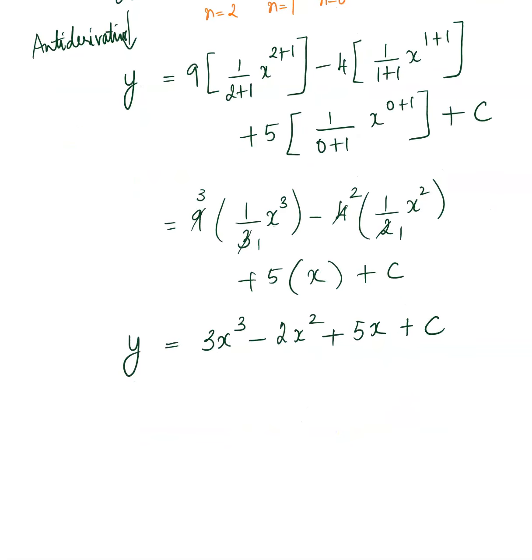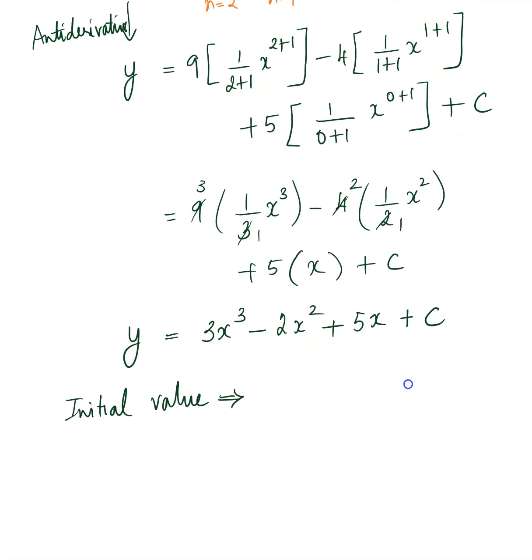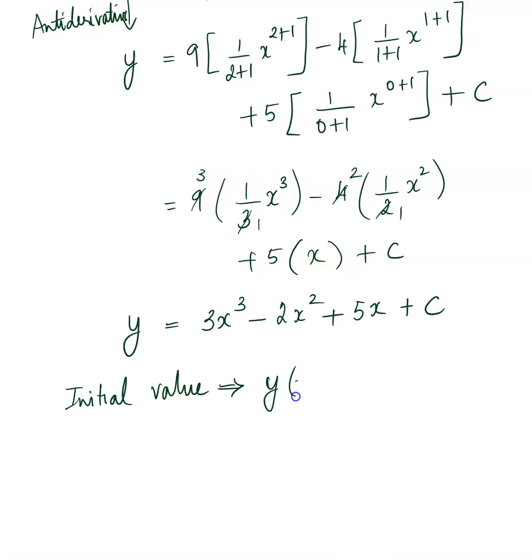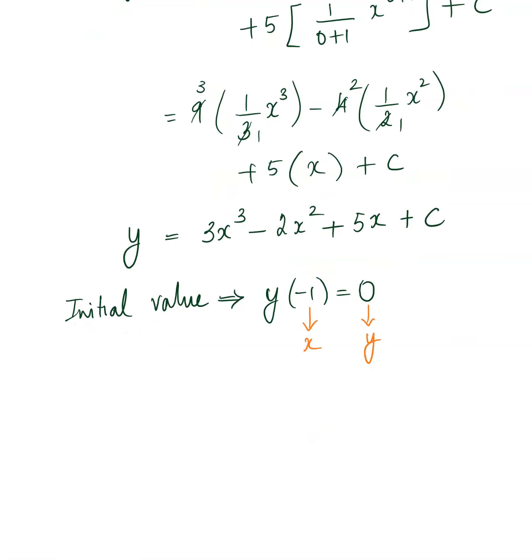Alright, now we have our initial condition, our initial value was y of negative 1 equals 0. So always identify your x and your y. Plug those in. 0 equals 3 times negative 1 cubed and so on.